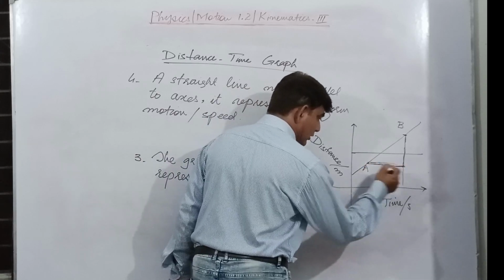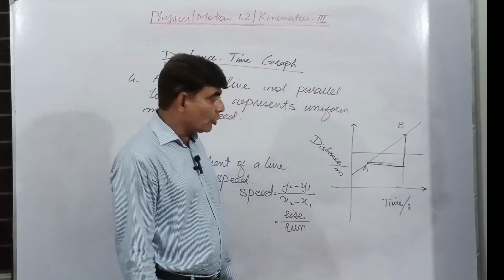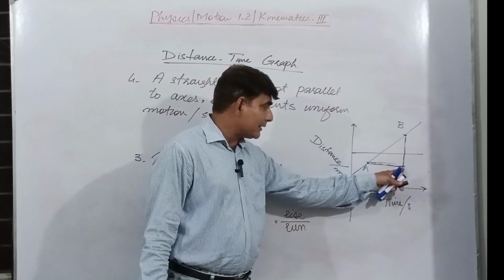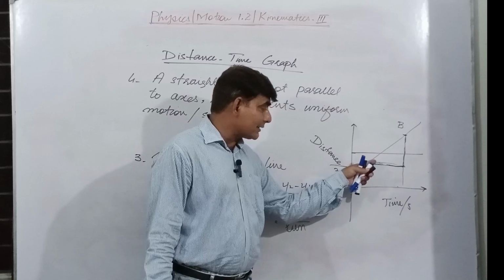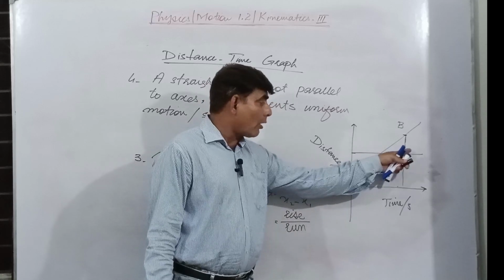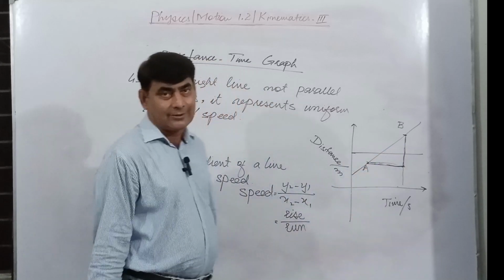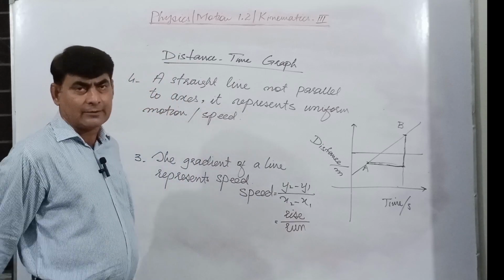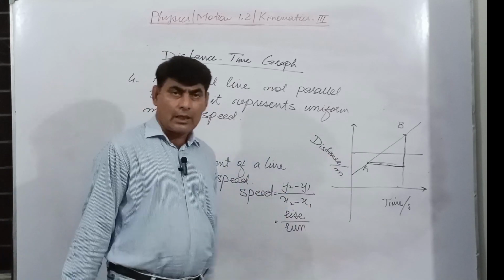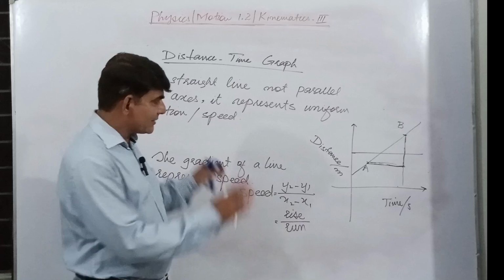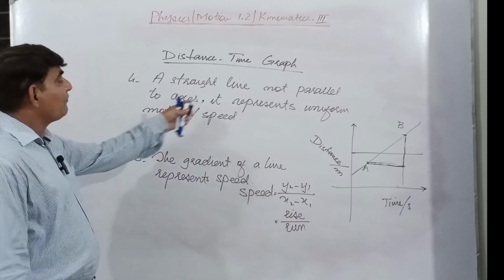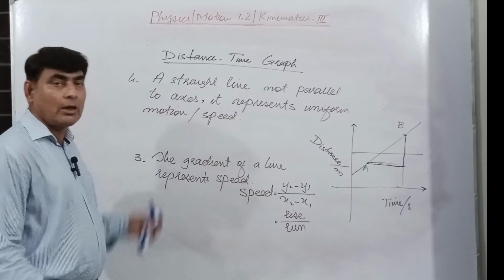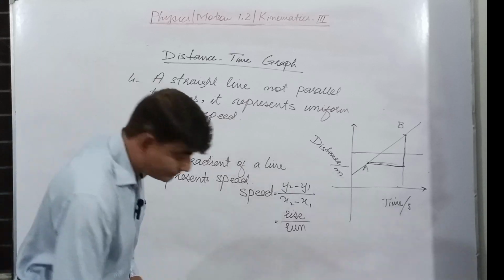So this is rise, this is run, rise upon run. Or if I consider an angle over here, so opposite upon adjacent. So we can find out the speed with the help of the graph by taking 2 points and making such a calculation. Then we will be able to find out uniform speed or uniform motion. Okay.